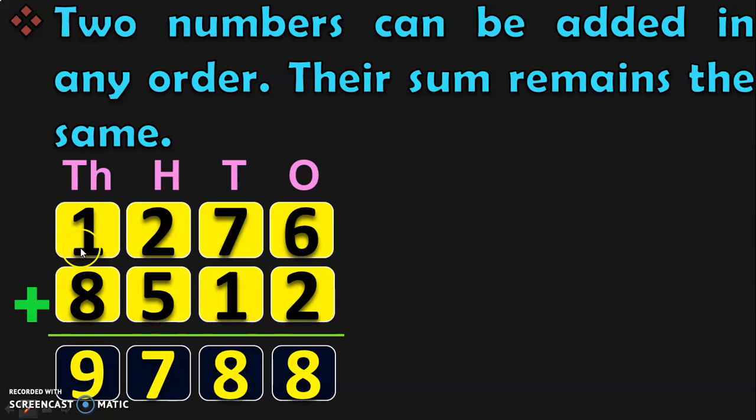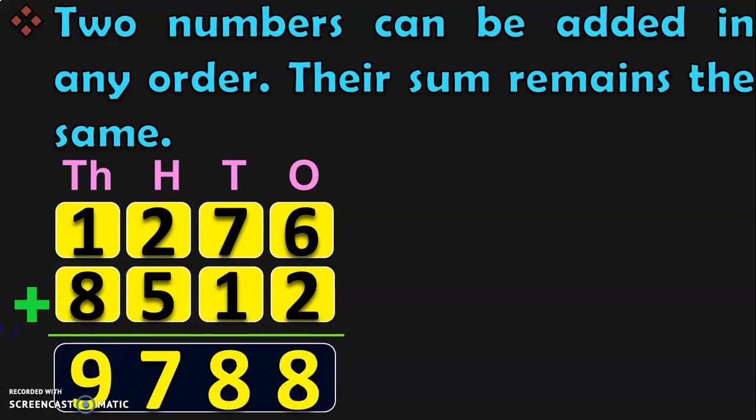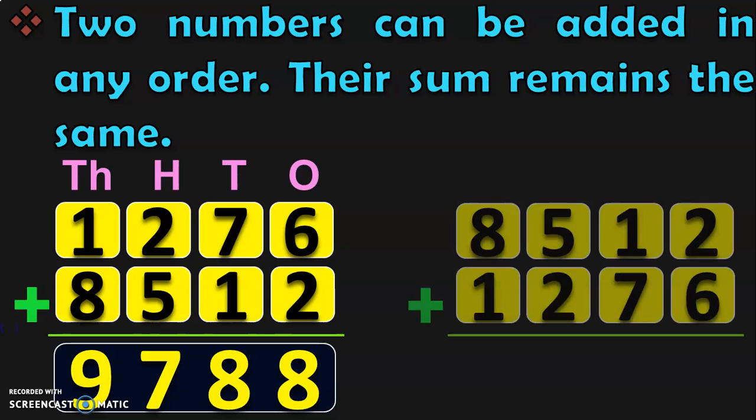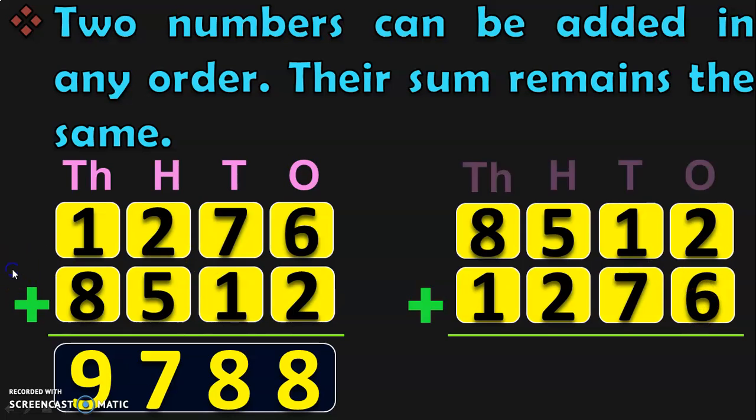Now, coming to this property, two numbers can be added in any order. We have added 1276 plus 8512. Now, let us try adding 8512 plus 1276. Let us see if we are going to get the same answer. Write down the place values and begin the addition from the ones place. 2 plus 6 will give you 8.